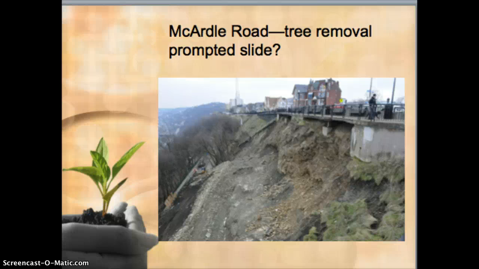Not sure if that was an erosional process, as some say that there were a lot of homes built on a very unstable hillside, and that they shouldn't have been built there. I'm sure that's something that will be investigated down the road, but right now we just hope for the people that are in that area.